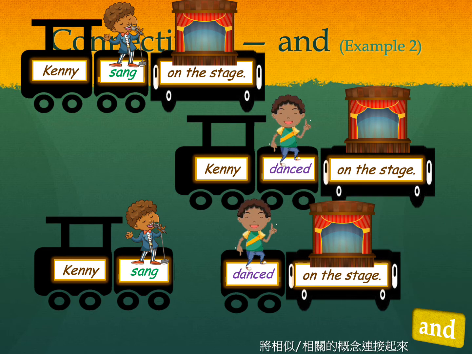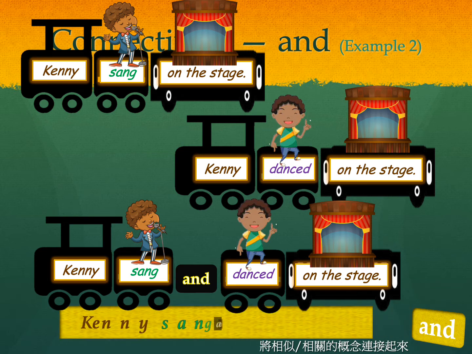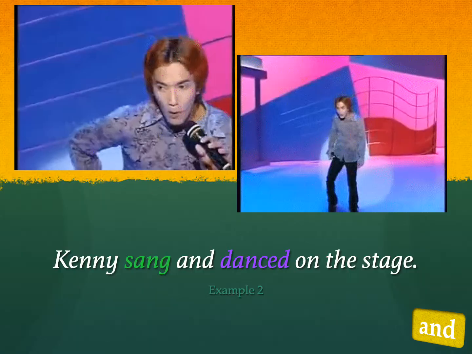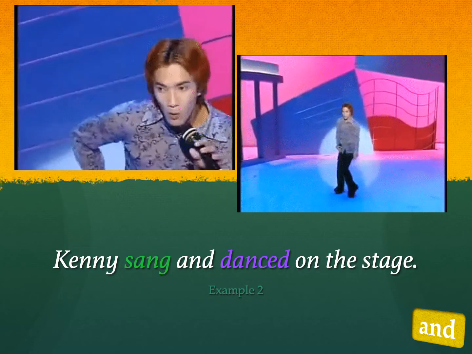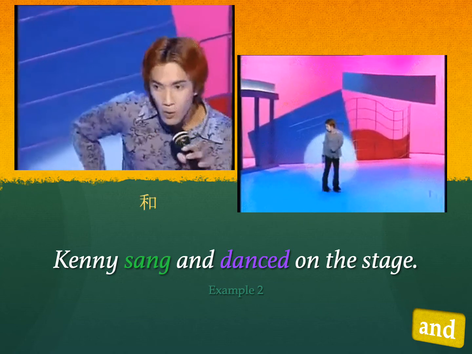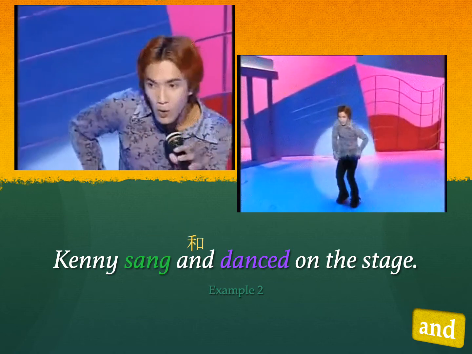You just have to write it once at the end of the sentence. And you use and to join the verbs sang and danced together. It becomes Kenny sang and danced on the stage. Picture description. Kenny sang and danced on the stage.